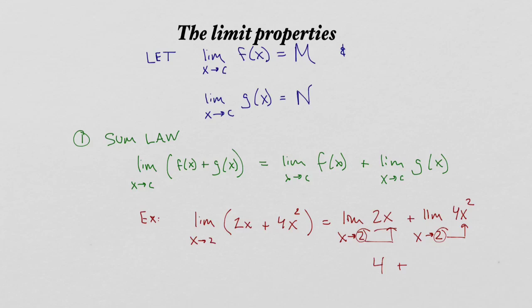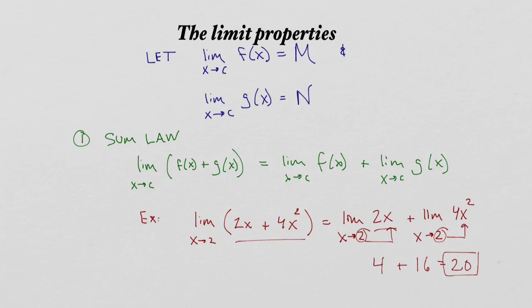Same exact argument follows here. 4x squared is a parabola. It is not discontinuous at 2. It is continuous at 2, so I can plug this value in and get 2 squared, which is 4 times 4, which is 16. So now notice that to do this problem, I did not need to use the limit properties. I could have gone back here and I could have said, well, 2x plus 4x squared is a continuous function.